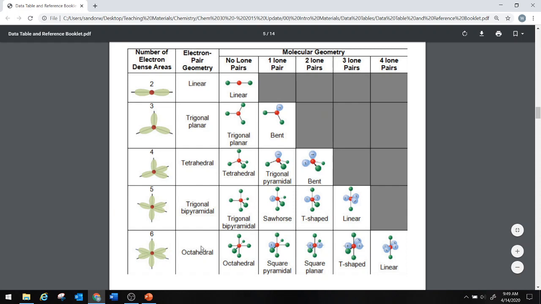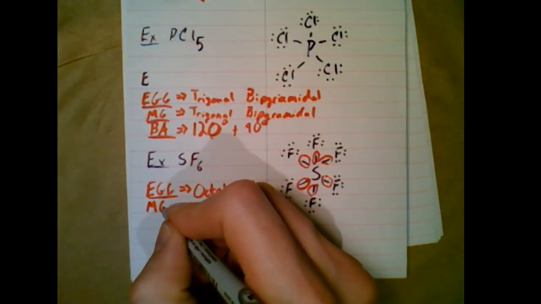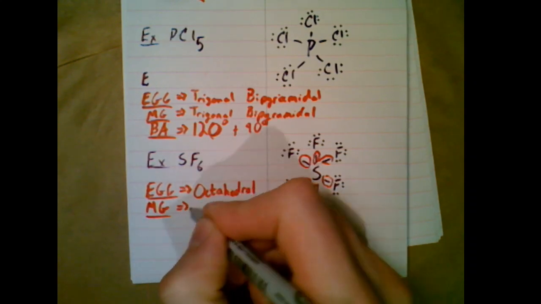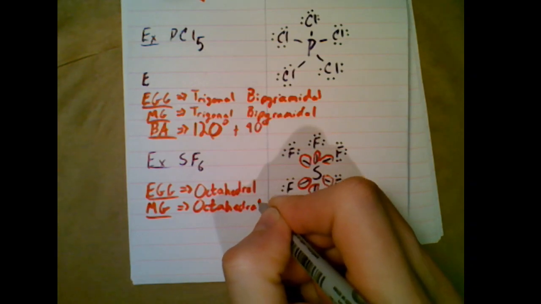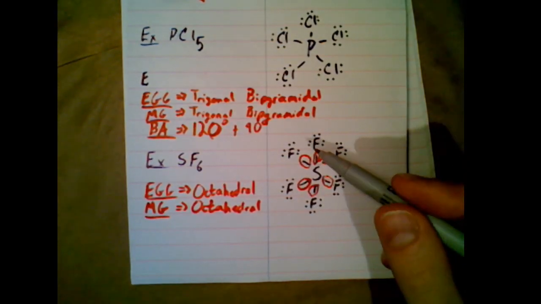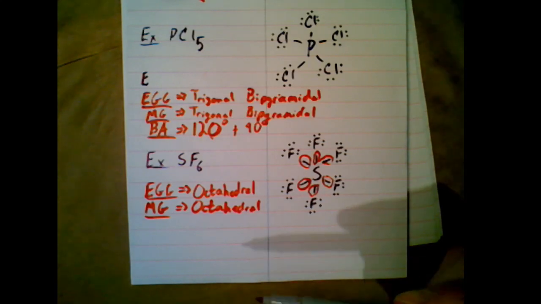So let's instead take a look at what our molecular geometry is. Well, there's no lone pairs in this molecule, so it would be octahedral. So we also have a molecular geometry that is octahedral. And hopefully one thing you've picked up is that when there are no lone pairs surrounding the central atom, the electron group geometry and the molecular geometry are the same.